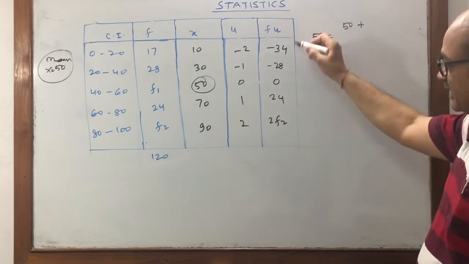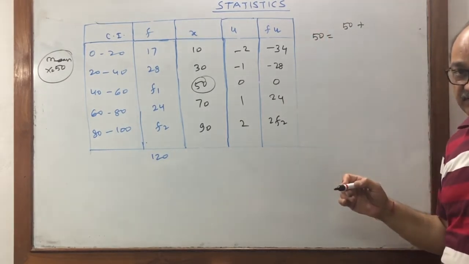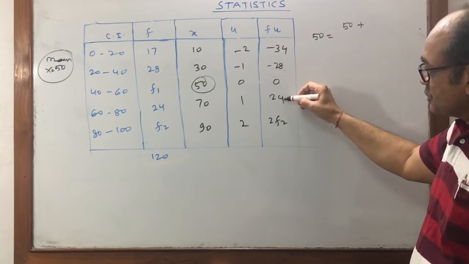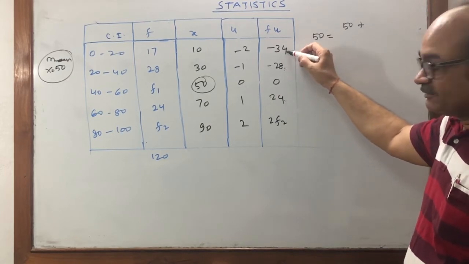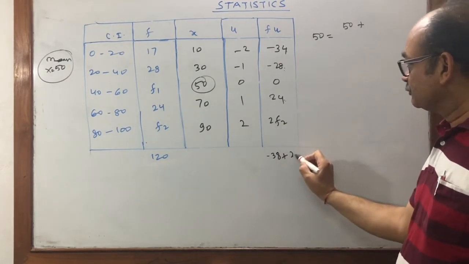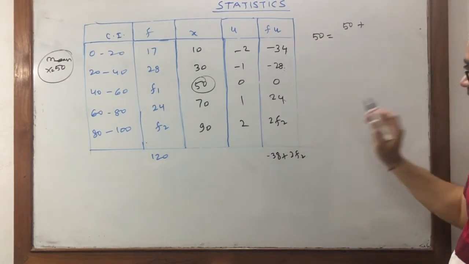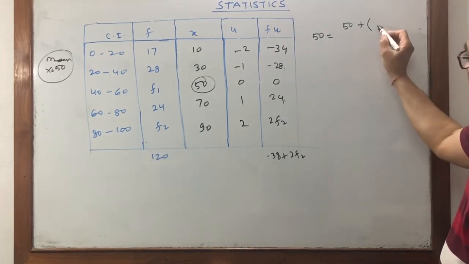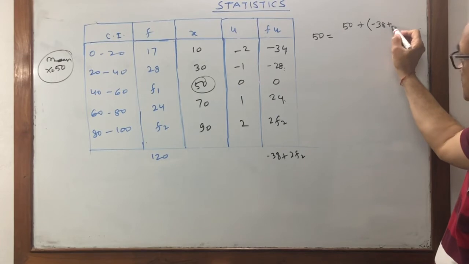plus sigma FiUi. How we calculate sigma FiUi, you know very well. 34, 28 and 24. So it will be minus 4 and minus 38. Plus 2F2. Or any other thing? Nothing. So here we write minus 38 plus 2F2.